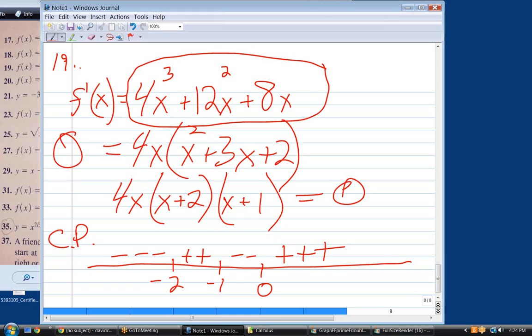If you can't factor it easily, then it's not easy to get it to that state. If I had a number like 3 in there, you'd probably have to use a calculator to find the zeros. But whatever they are, they're going to be your critical points. And that's all you'd have to do.